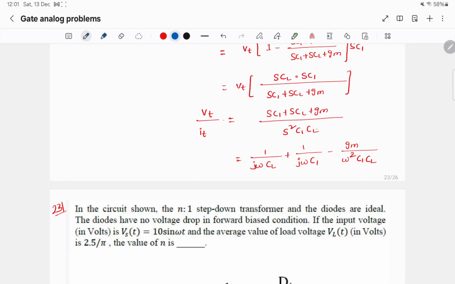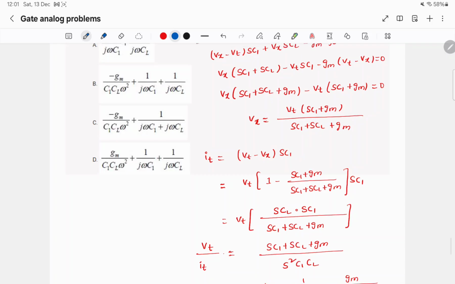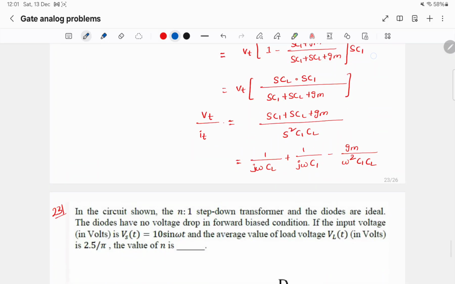If I divide each term with S square C1 CL, first term will be 1 by j omega CL, second term will be 1 by j omega C1, the third term will be minus Gm by omega square C1 CL. So the answer is option B.